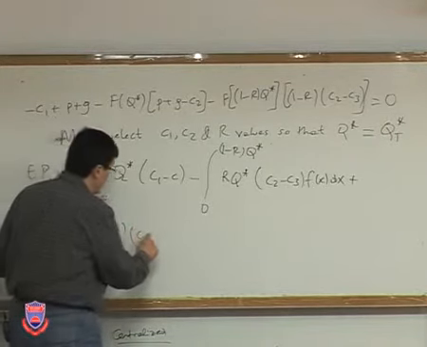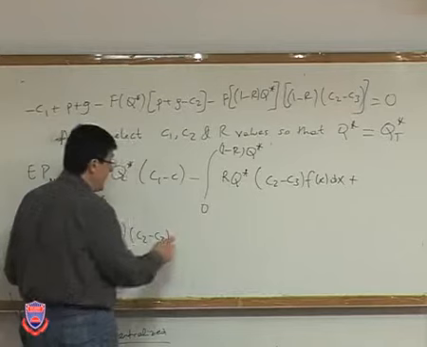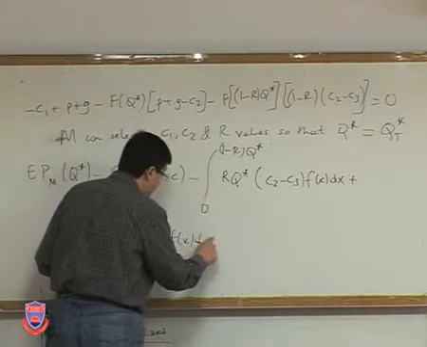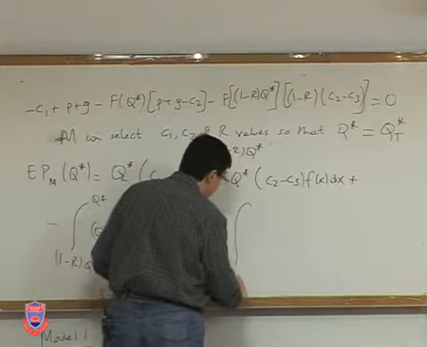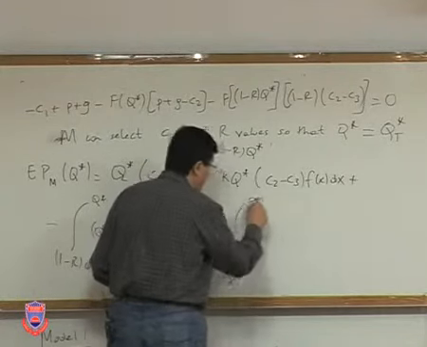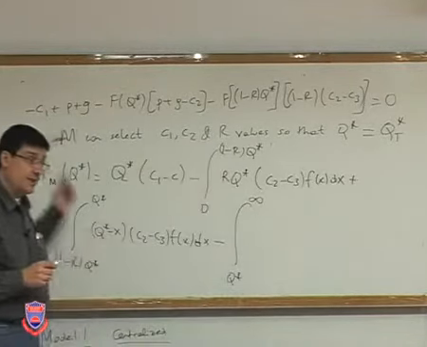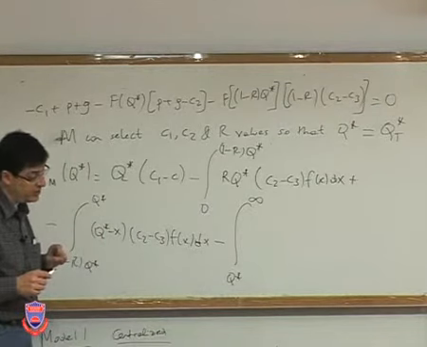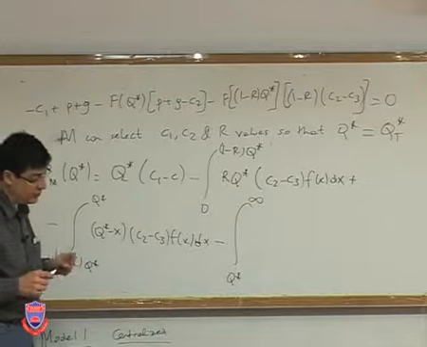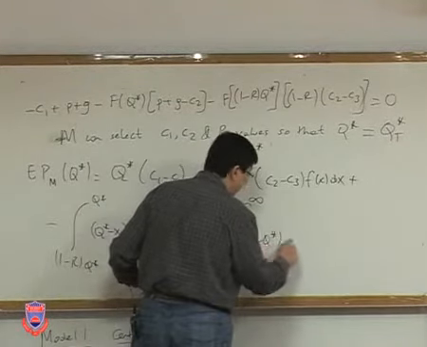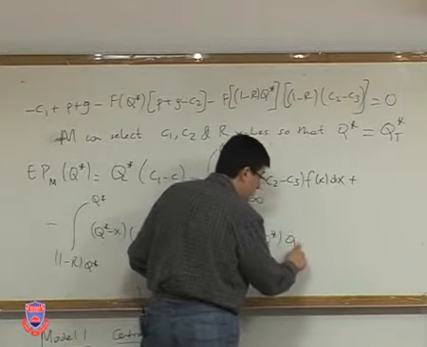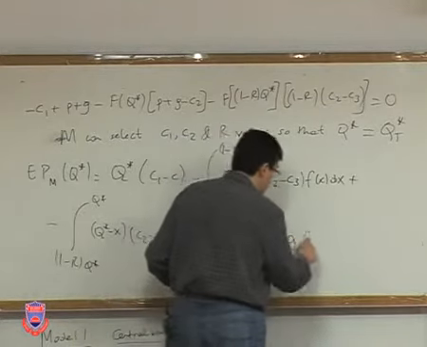And again, we are going to have C2 minus C3 f of x dx. And then, if the demand is larger than Q star, the manufacturer is going to incur a goodwill cost, which is going to be x minus Q star times G1 f of x dx.